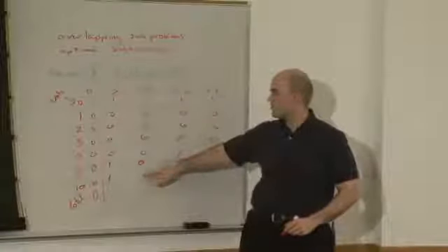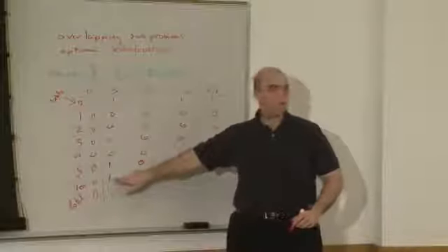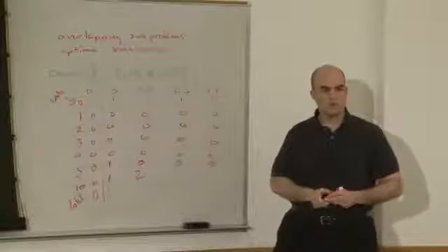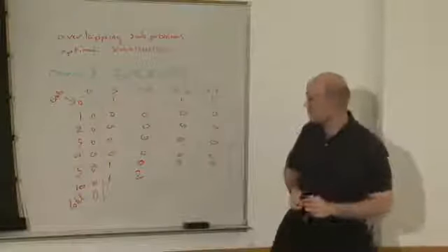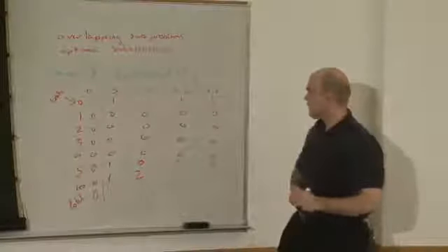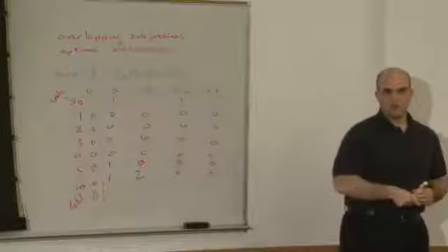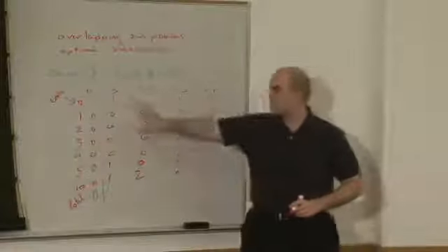Then this is going to be 1 plus 1. Is it making sense? Did I make an error? No, okay. And then this is going to be 0, 0. Everyone get the idea? So we're just filling in this table.